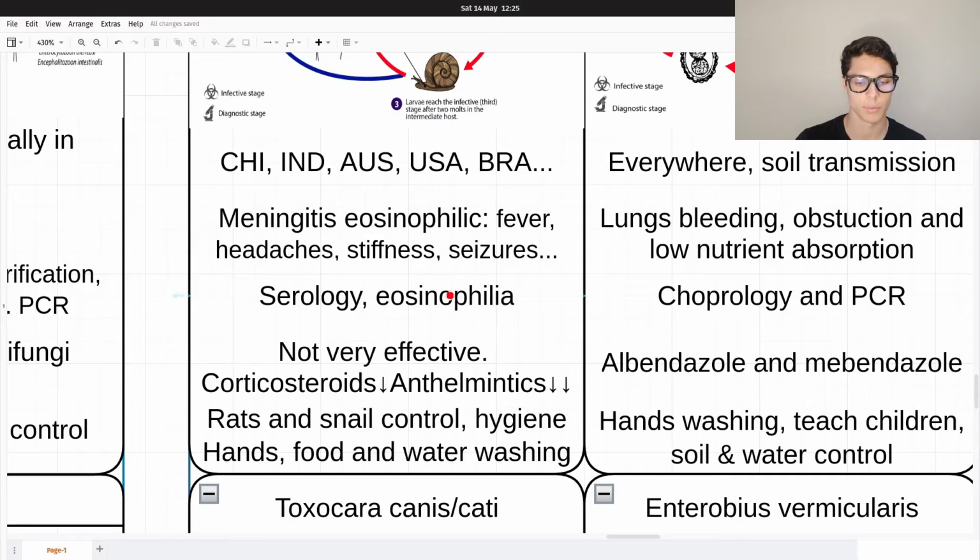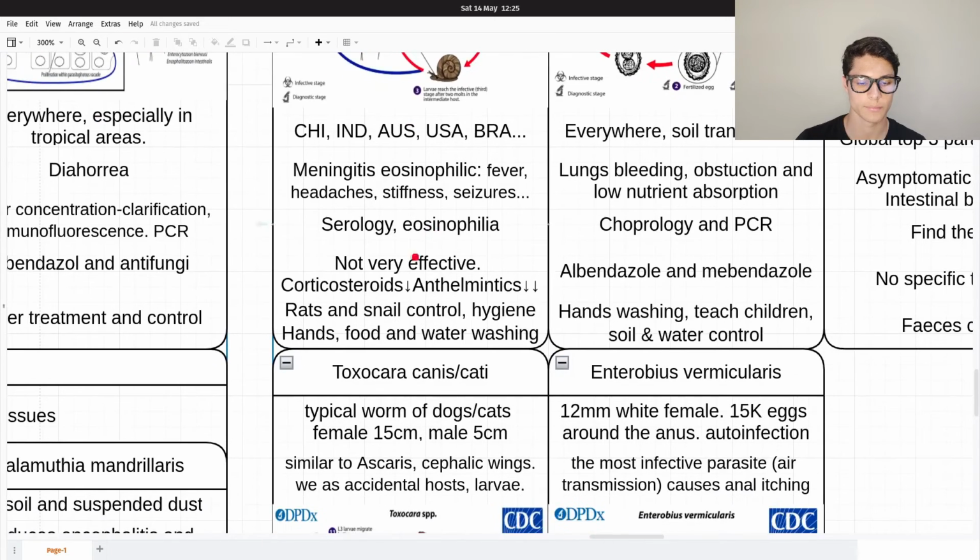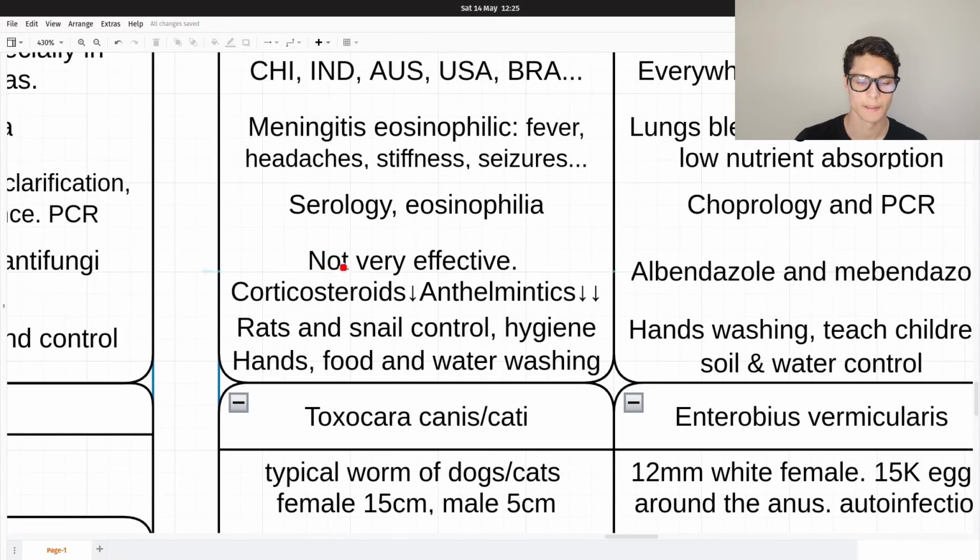The eosinophils in the bloodstream will increase. The treatment is not very effective, and what we can do is give those people corticosteroids and anthelmintics to lower the inflammation, and this is a general treatment for helminths.